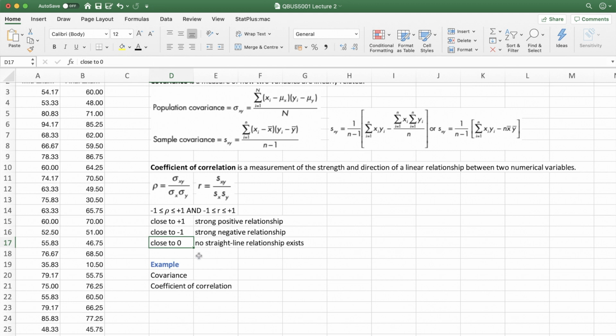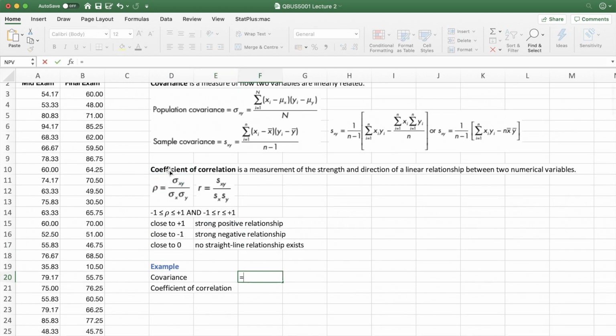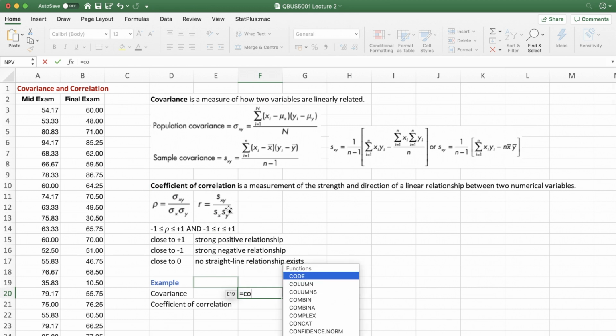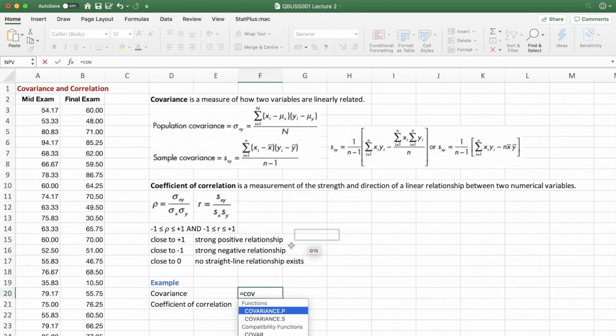Now we are going to calculate covariance and correlation of mid-exam marks and final exam marks using Excel functions. We should always start with an equal sign and covariance. For the reason that population is always hard to acquire in the real world, we always use a sample function.